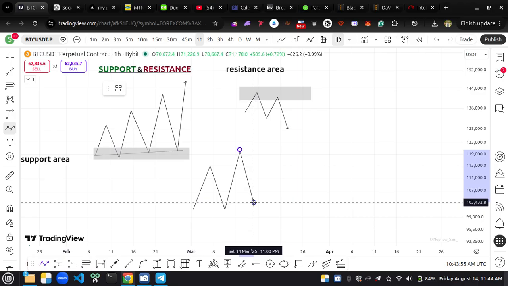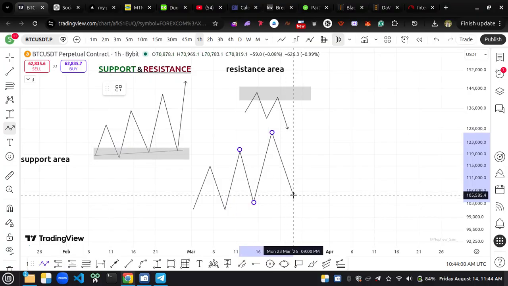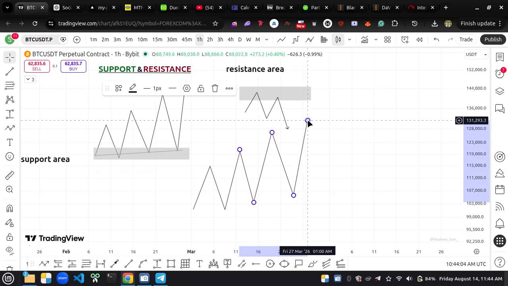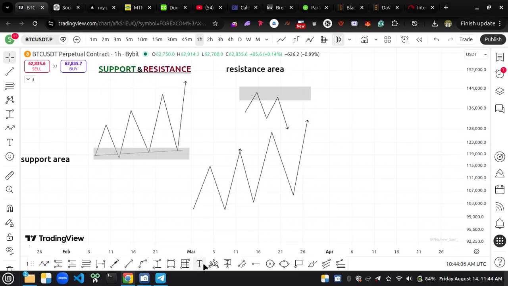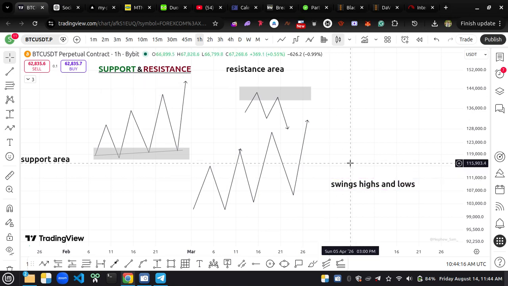Because it's a new high and a new low. So the first way to identify your support and resistance levels is, you watch out for your swing highs and your swing lows.